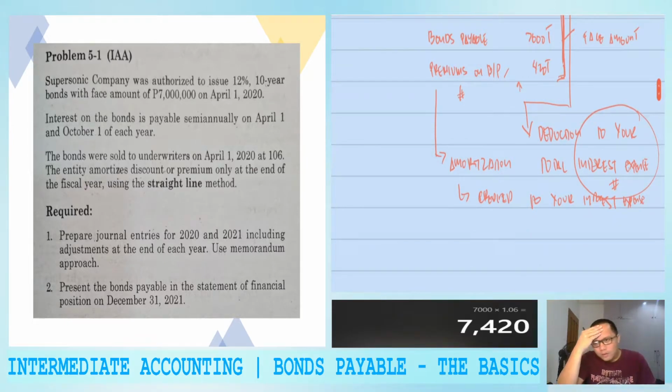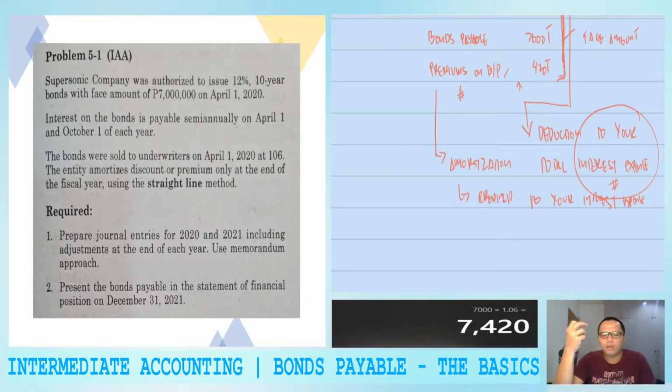Okay. So ngayon, the same reason why we are issuing bonds at a discount is maybe the issuer of the bonds, or the debtor, kumbaga, nahihirapan na kumuha ng funds. Kumbaga, in essence, mahirap ibenta yung bonds payable.